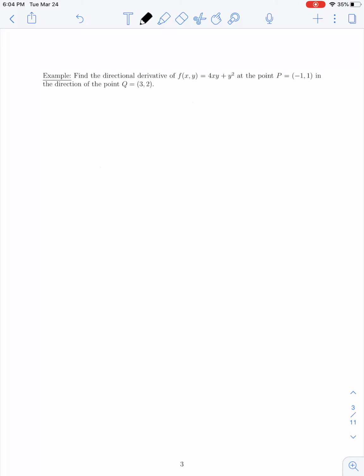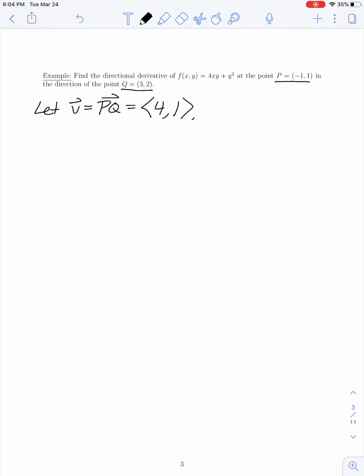So here we aren't initially given a vector that specifies the direction we're moving in, but we're told that we're moving from the point P in the direction of the point Q. So our direction vector is going to be the vector v, whose initial point is P and terminal point is Q. Now the components of this vector from point P to point Q would be 4, 1.